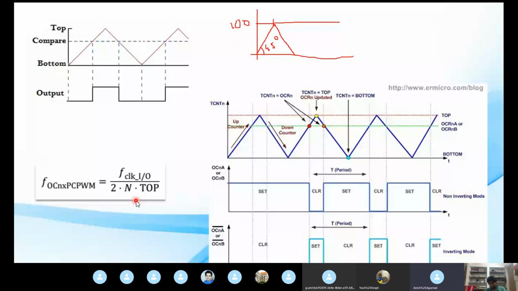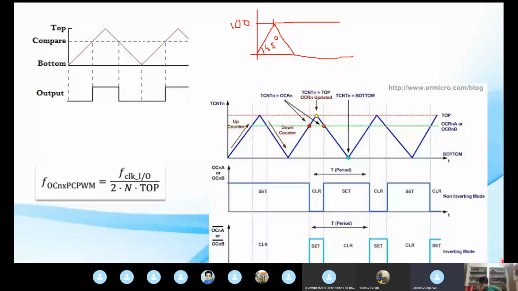So what we do, we divide the speed of the clock by n, which is generally in the powers of 2, like 2, 4, 8, 16, 32, 64. If we slow down the clock, it is obvious that the frequency of the pulse will also slow because we are counting slower.